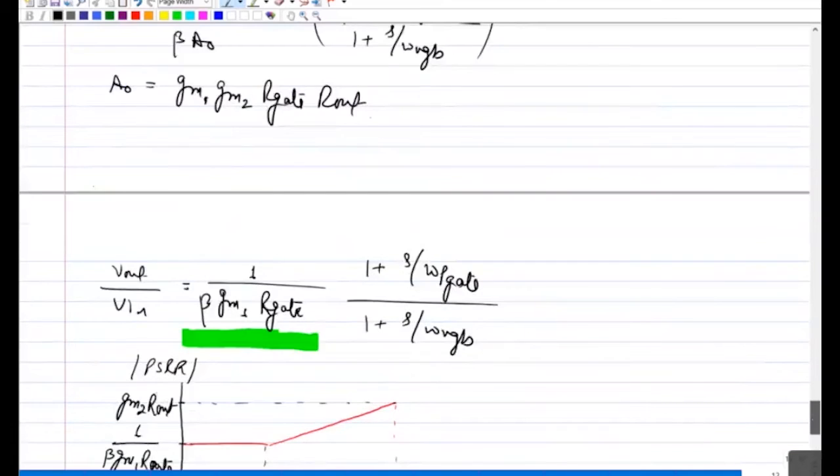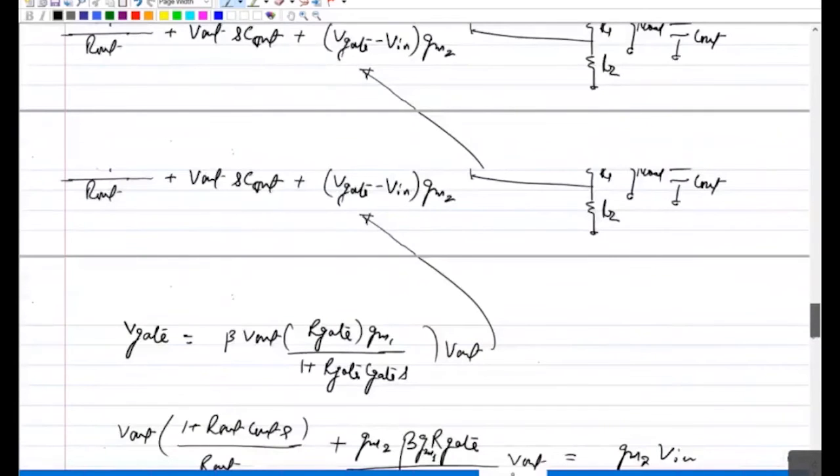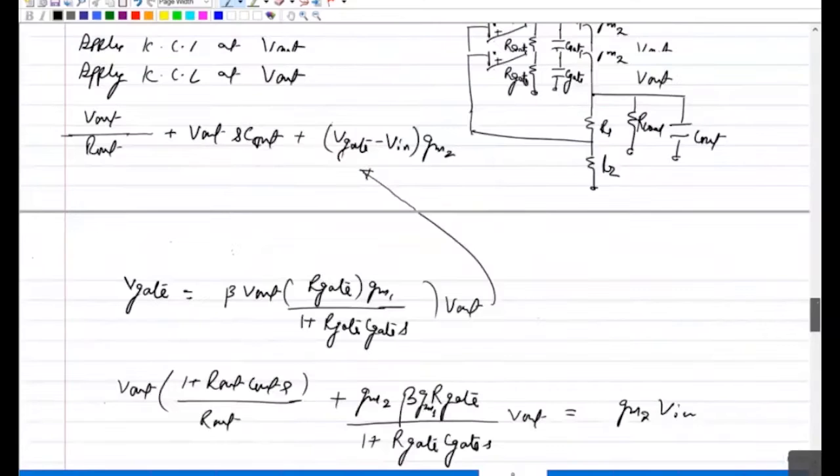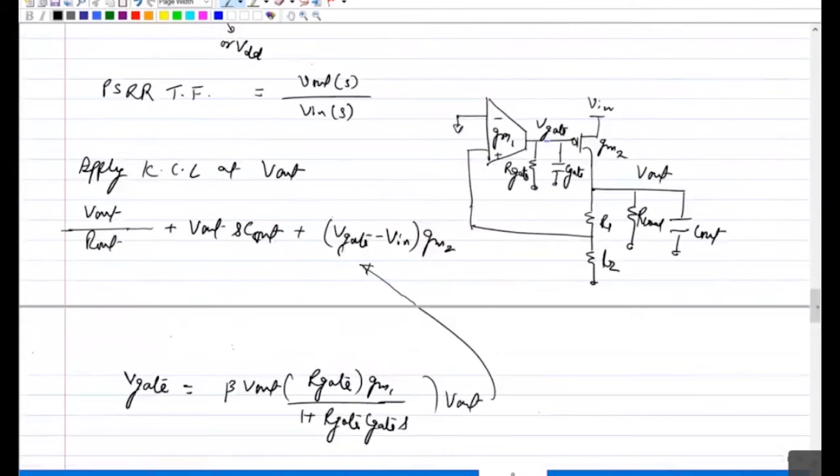Correct. Okay. So now if you want to look at it intuitively. What happens if you short the gate and apply a signal at V in? What will be the small signal output gain? It's like a common gate circuit, so your gain will be nothing but GM R out, correct? And that's what you are getting here, GM2 R out.